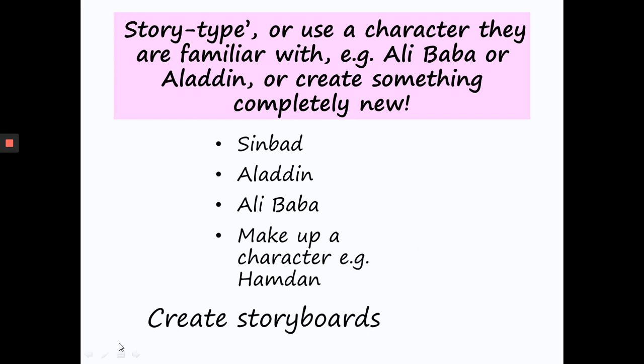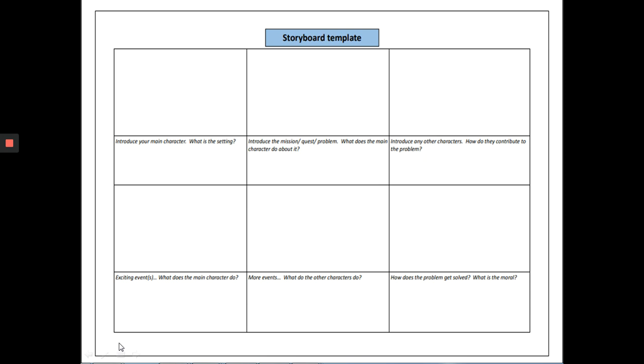Now let's have a look at what your storyboards might look like. So the first template I've left without any bits filled in here. You've just got the broad headings. So in the first one, you're introducing the character and the setting. What is the setting? So your picture will be your character and your setting.